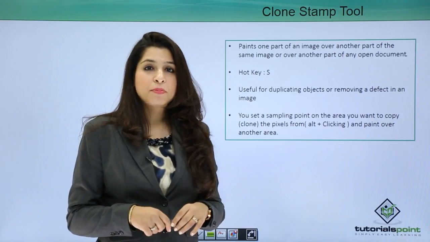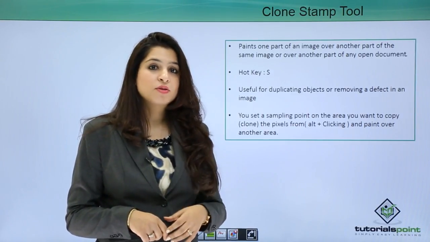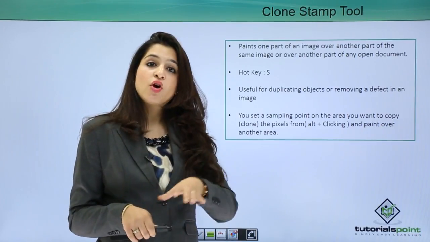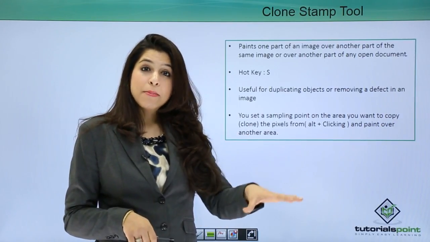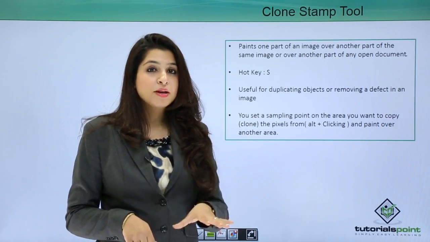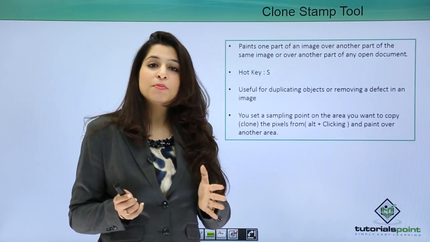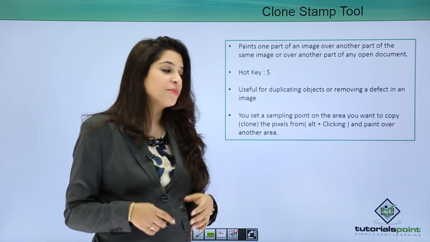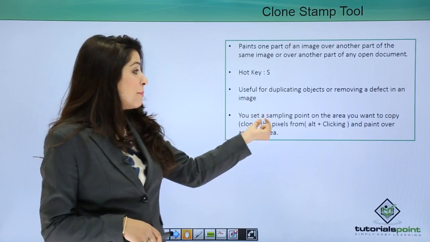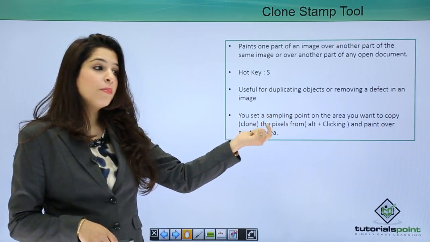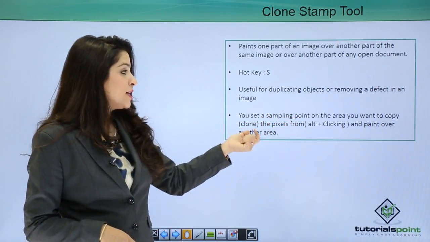You can easily paint it over with the background. For instance, if that garbage is on the floor, you can take a sample from that floor and paste it on your garbage, and it will appear as if it was never there. You set a sampling point on the area you want to copy by pressing Alt and clicking.